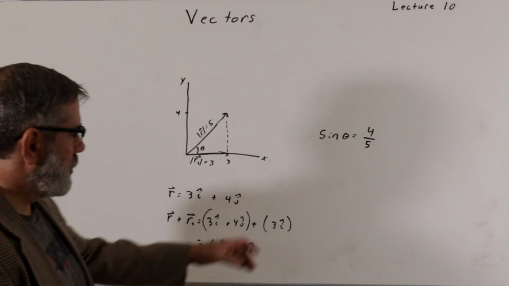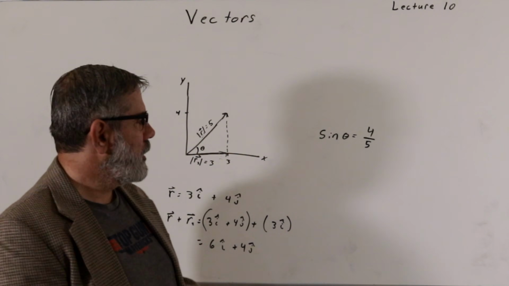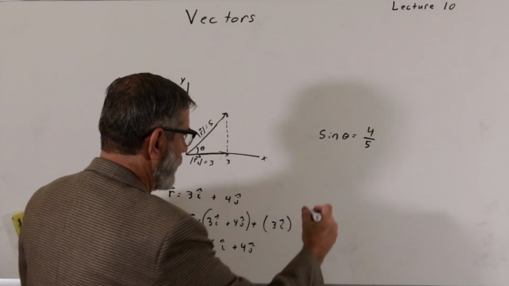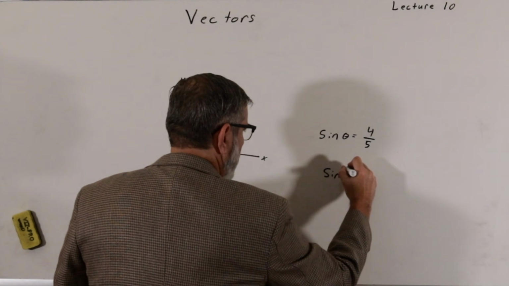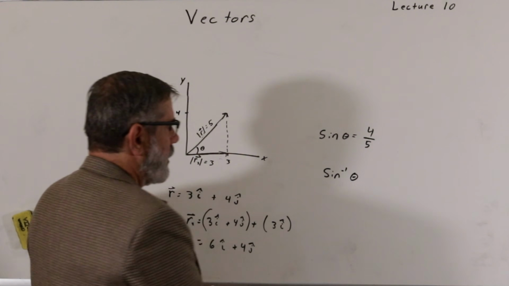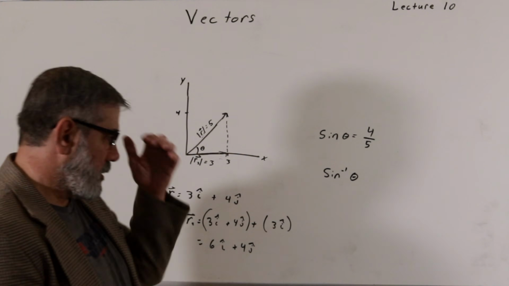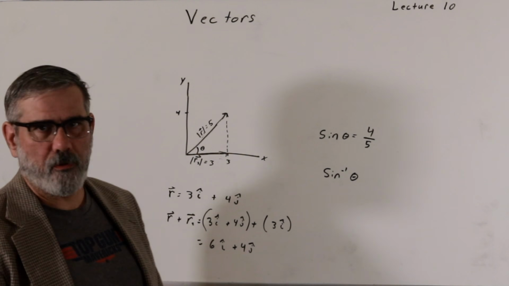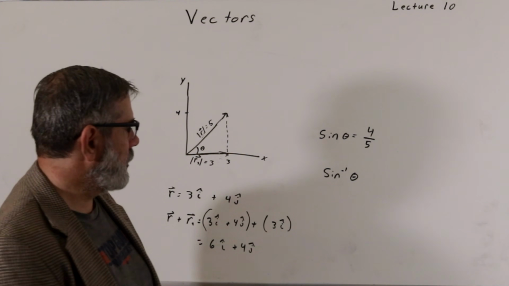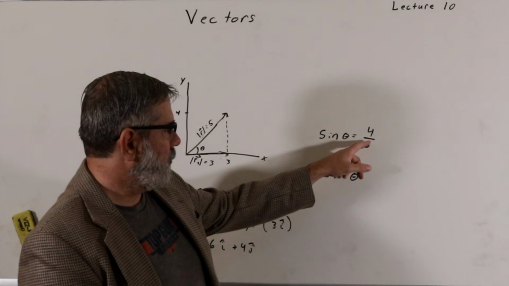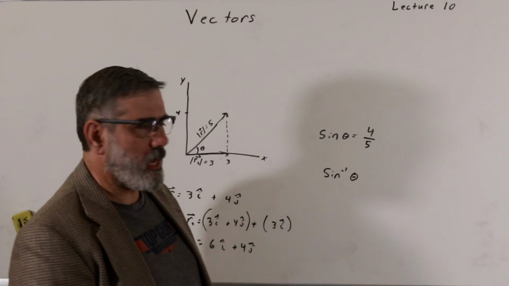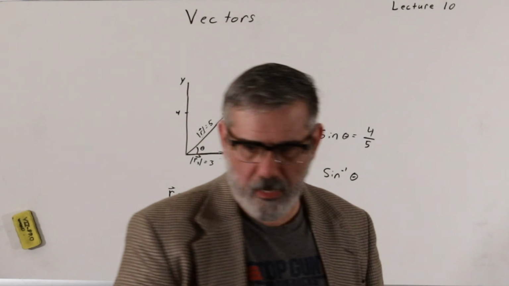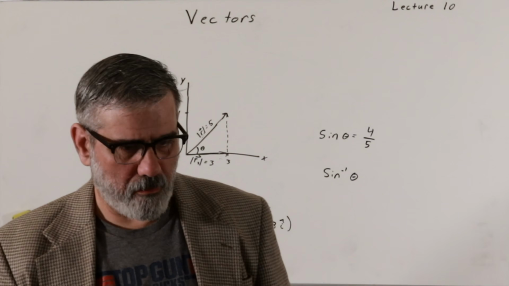So your calculator has an inverse sine function. It'll say sine minus 1 of theta. You want to make sure that you're set up in degree mode if you want your answer in degrees, but that'll be something you can figure out from the instruction manual on your calculator. But you would type 4 divided by 5, and you'd hit the inverse sine button, and it would give you an angle. I can do that if I can find my calculator.